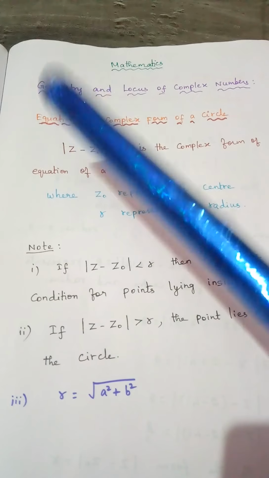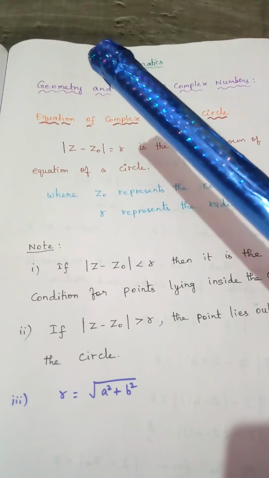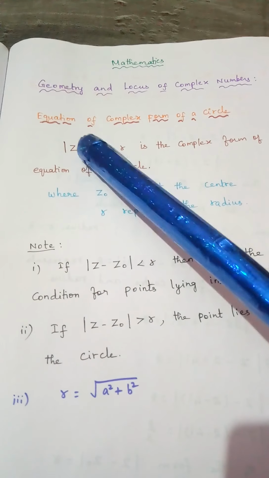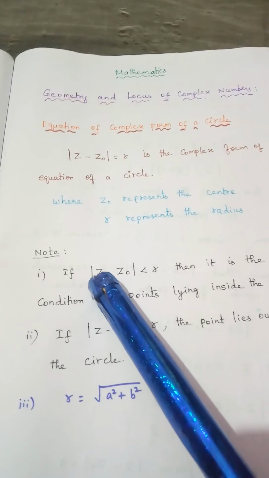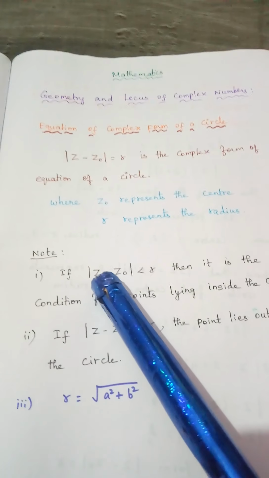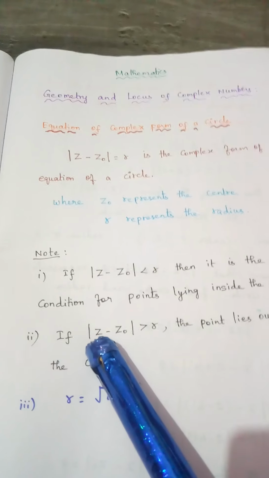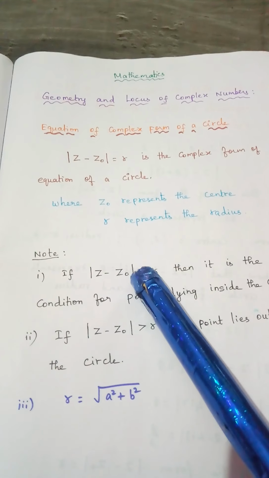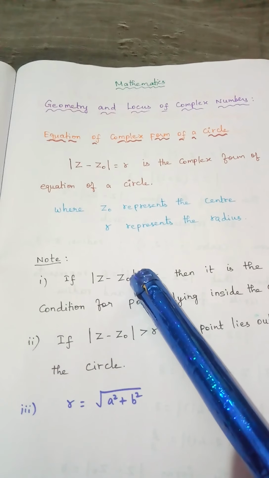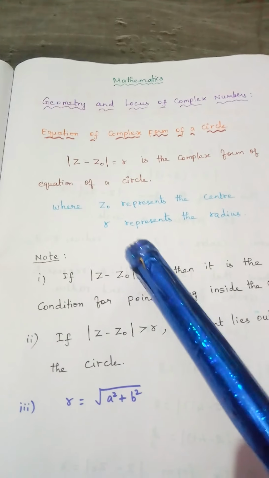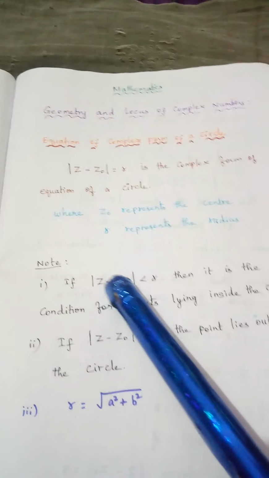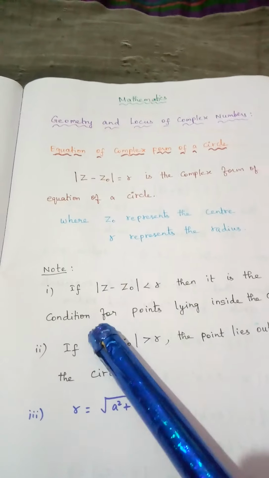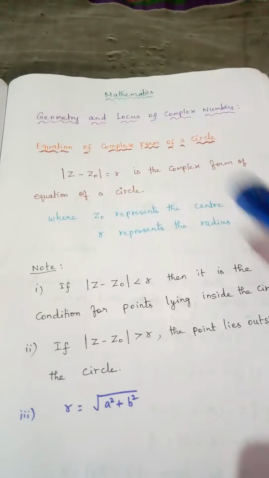If you ask what is z, z is some other point, any point. What is the meaning of z naught? Z naught represents the center of the circle. What is z? Any other point. I think you would have understood up to this.